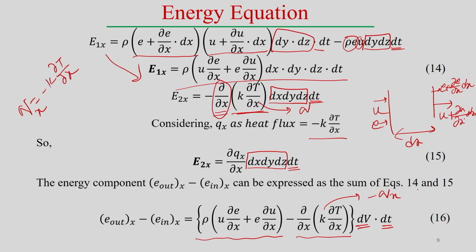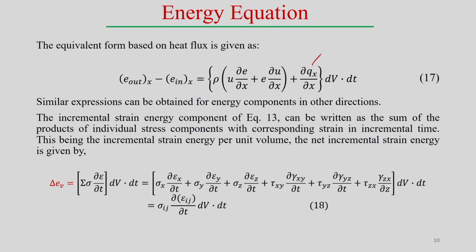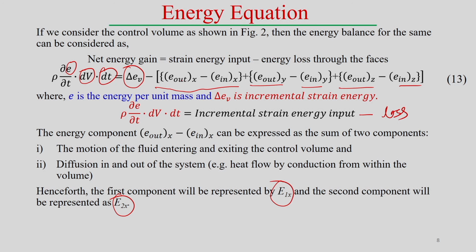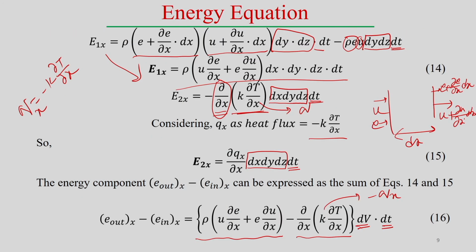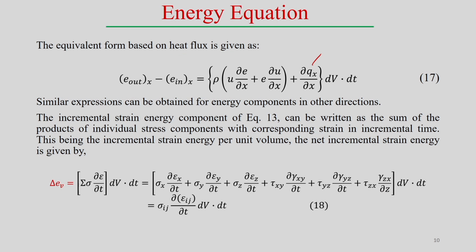Therefore, this is one part, and another component of the energy is the incremental strain energy component of equation 13. We have seen that del EV is the incremental strain energy from this particular governing equation, equation 13. The incremental strain energy component can be written as the sum of the products of individual stress components with the corresponding strain in the incremental time.